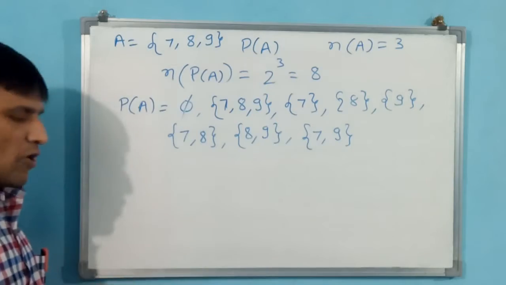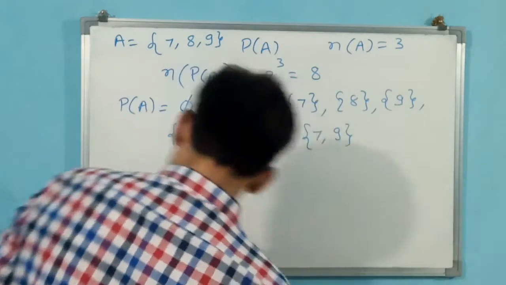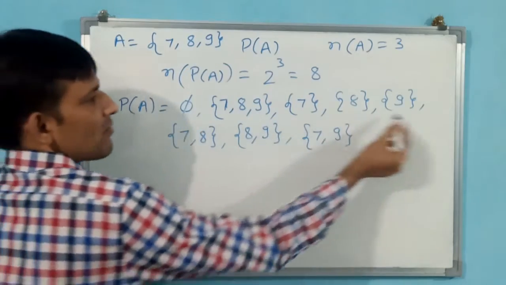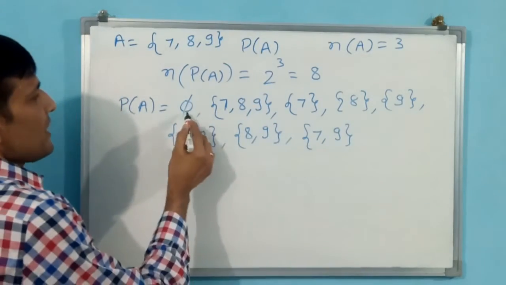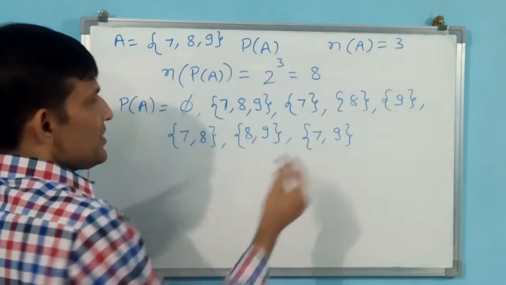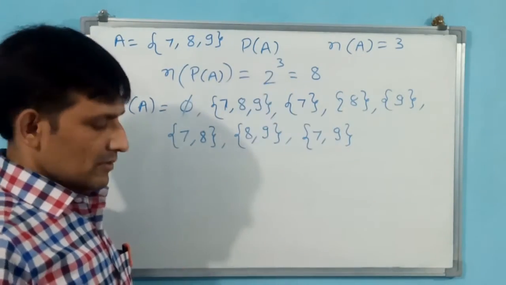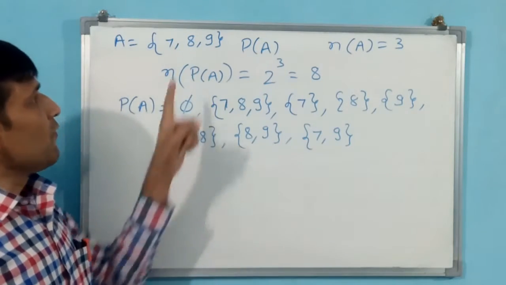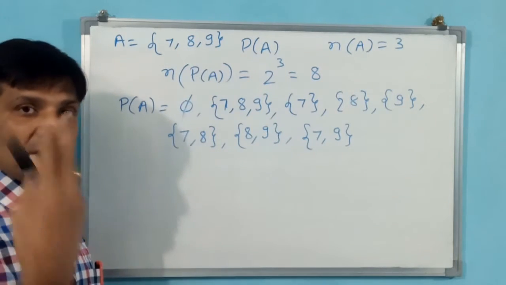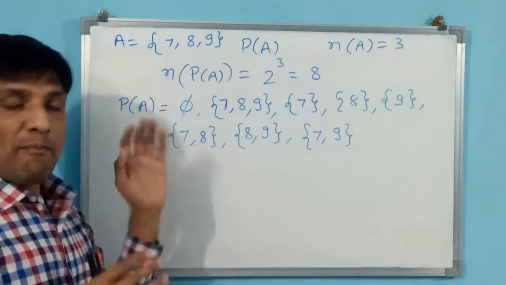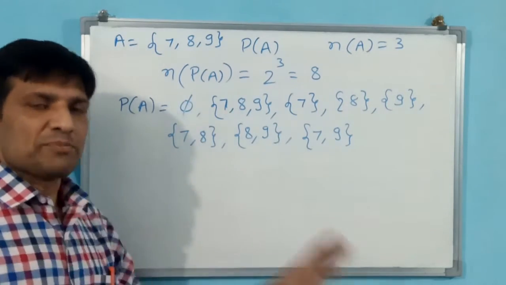You count now. How many are there? Just count, I have made commas. 1 2 3 4 5 6 7 8. 8. This is the concept. If 4 elements are there, 2 power 4, 16 subsets will come. Power set is having all subsets.